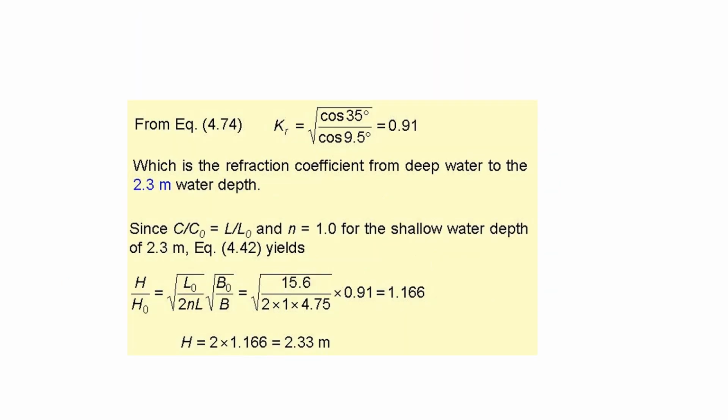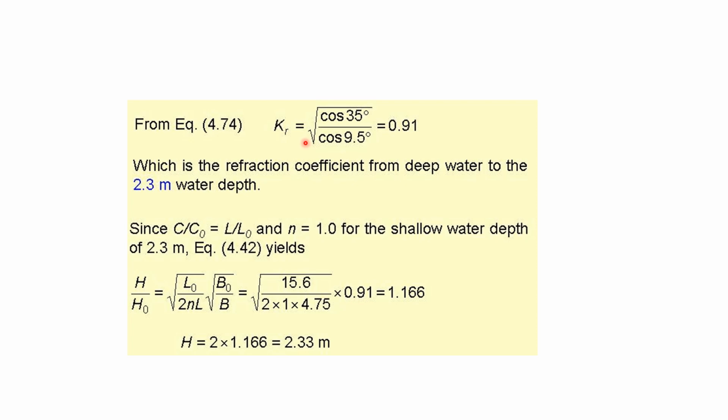Since we already know the incidence angle of the deep water wave, which is 35 degrees, and also the incidence angle of the wave by the time it reached the water depth of 2.3 meters, which is 9.5 degrees, we are now able to work out the refraction coefficient, which gives us the value of 0.91.